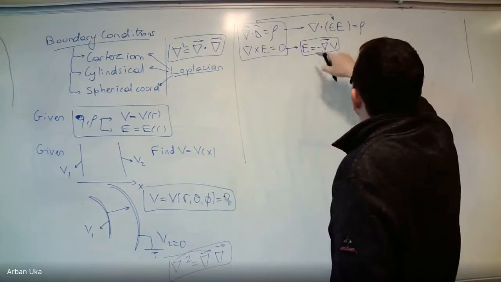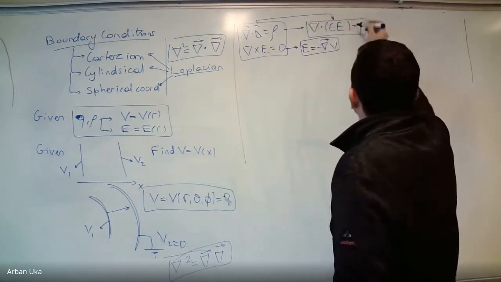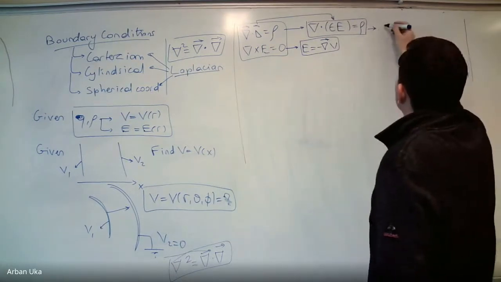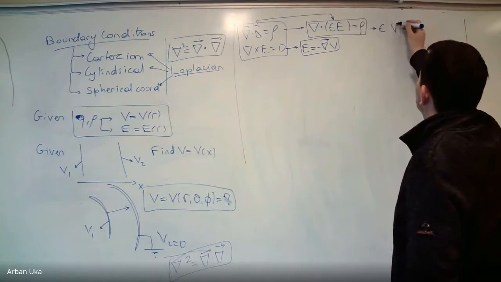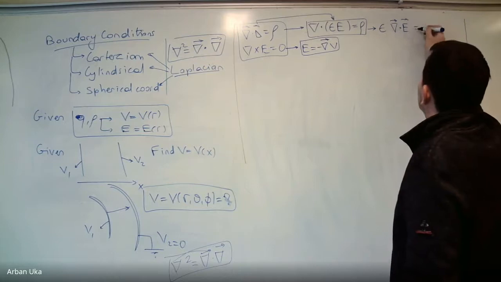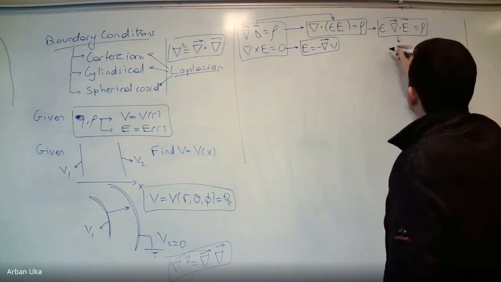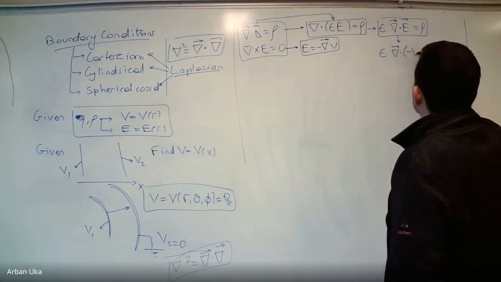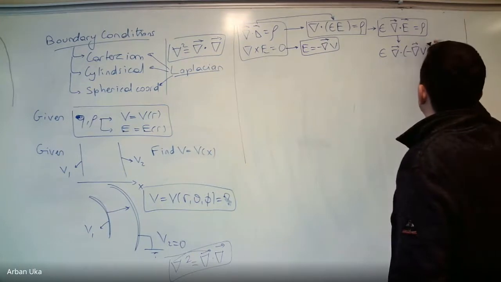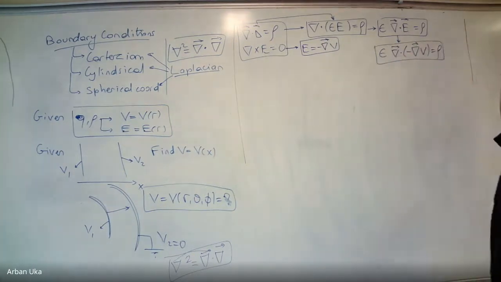Then we can take the permittivity out, and we have the permittivity times the divergence of E equal to rho. Then we substitute this expression here, permittivity times the dot product of minus the gradient of V. This is rho, so we have not done much difference here.